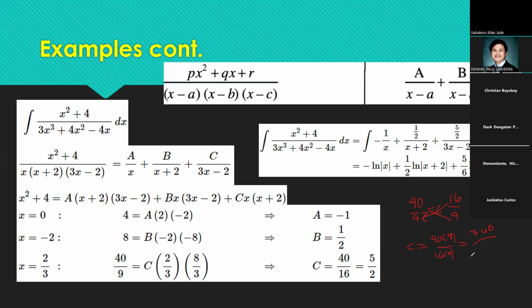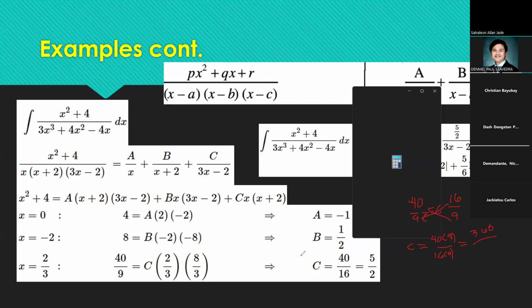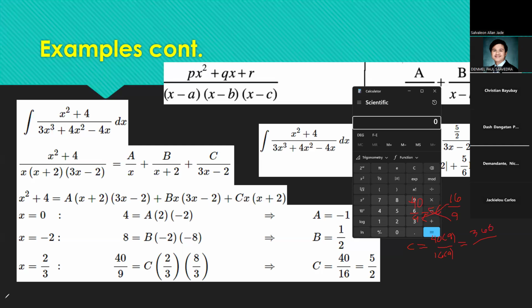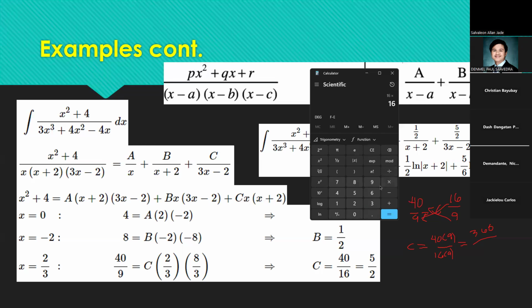16 times 9 is equals to 144. And 360 over 144 is equals to 2.5.